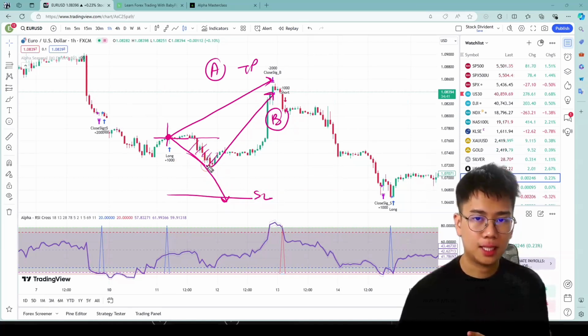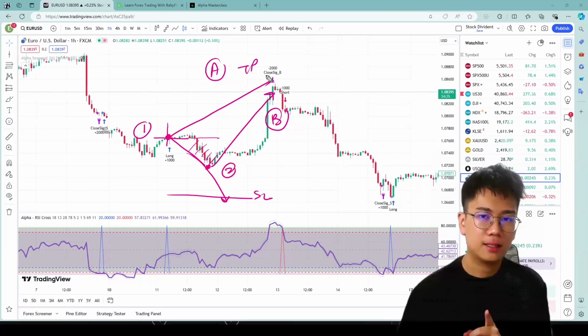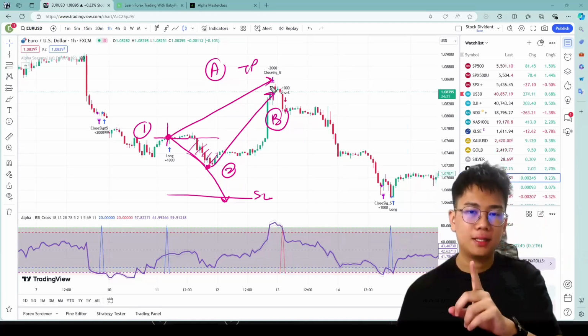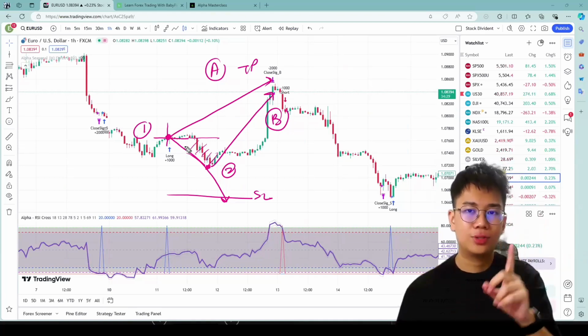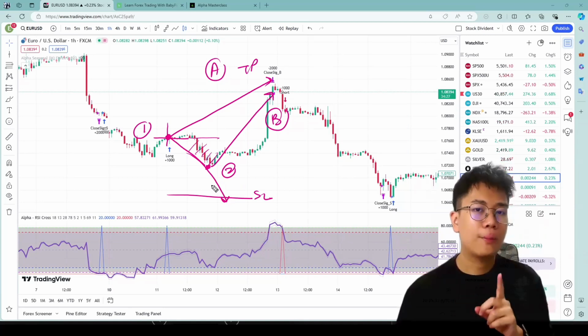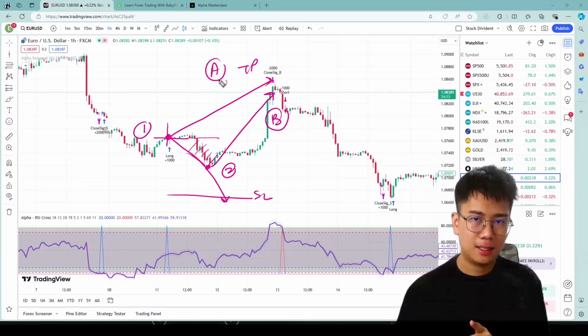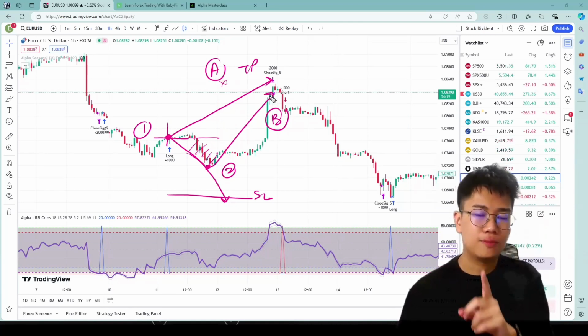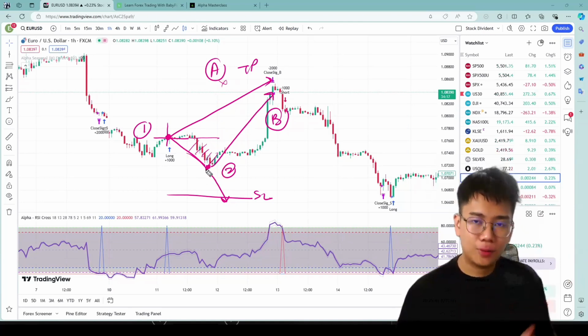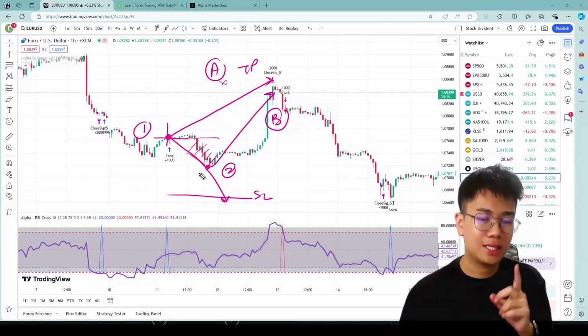So my question is, if you are entering at 1, what will happen to you? Case A, TP. Case B, you have drawdown, then TP. Case C, you straight away stop loss. But compared to number 2, you may miss A, but number 2 goes to B. You enter after a pullback, you get a better chance of entry.